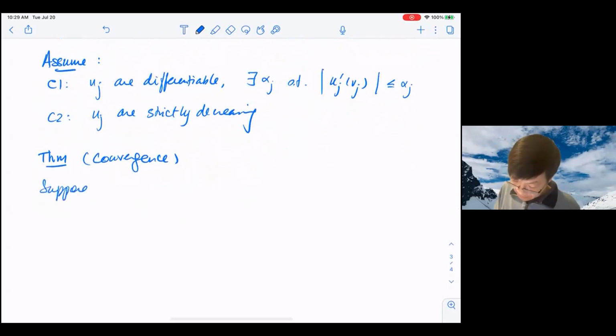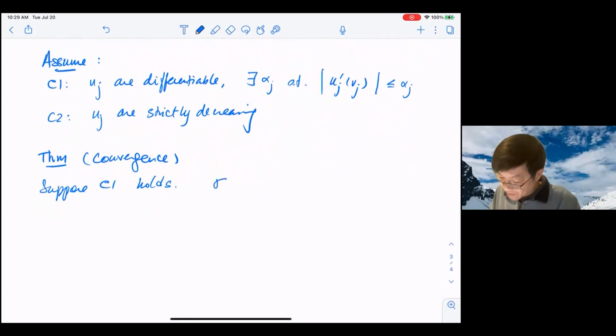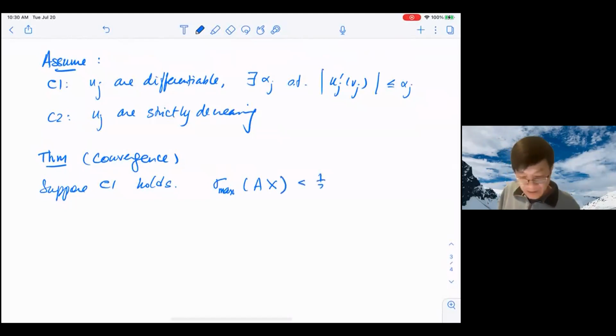Suppose C1 holds. Then the stability condition that is required, sufficient but not necessary, is that if the maximum singular value of AX, where A is the diagonal matrix of the alphas, is less than half, then there is a unique Q star in the admissible control set.